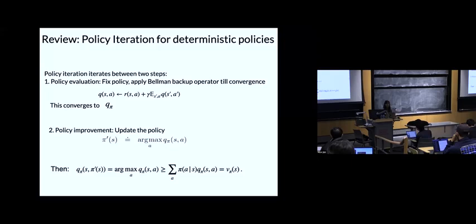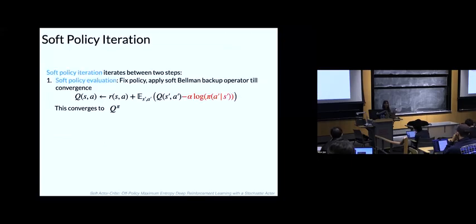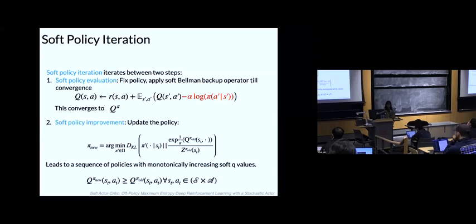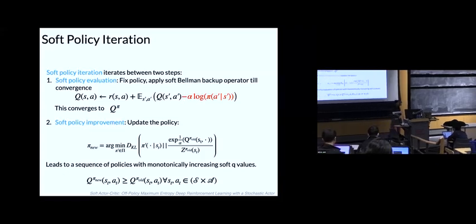All right. Now, how are we going to do exactly the same thing, but for the maximum entropy objective? We'll call this the soft policy iteration. So first, we're going to iterate between, of course, policy evaluation and policy improvement. The policy evaluation is exactly what we discussed, and this would converge to Q pi. And then the policy improvement is essentially that we find a policy that minimizes the KL of that new policy to the exponentiated Q of the soft old policy.